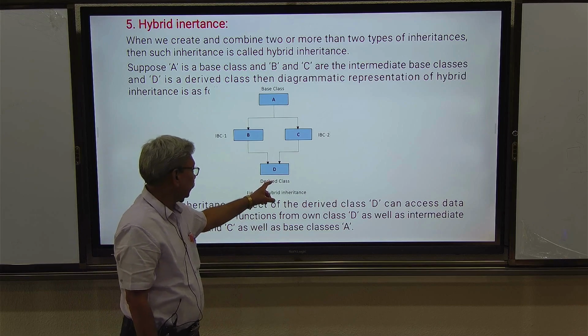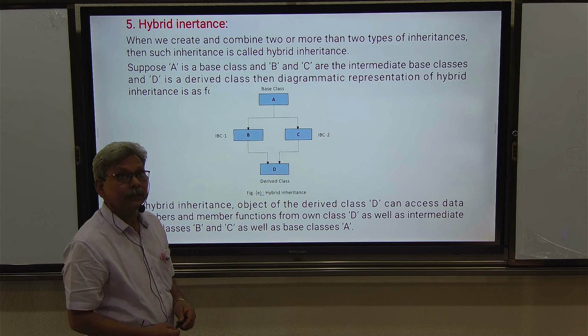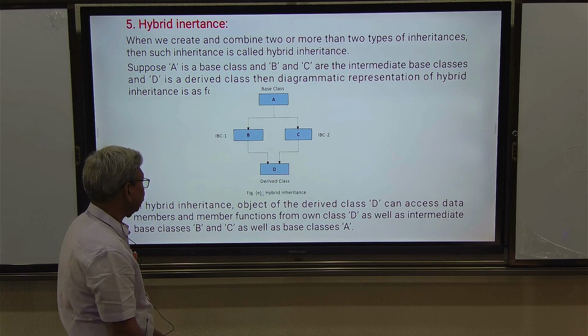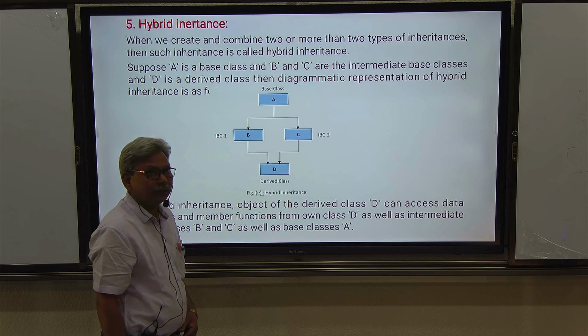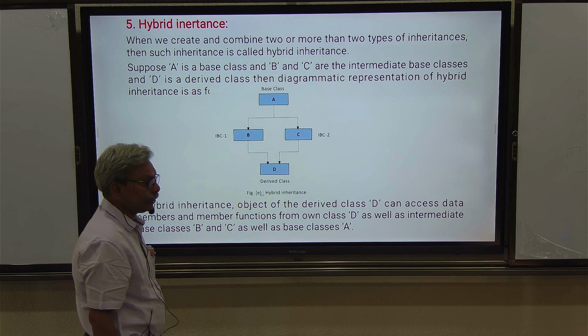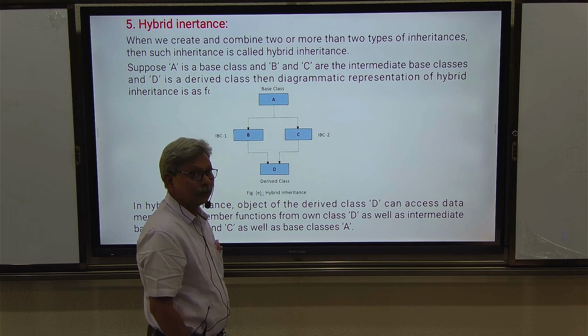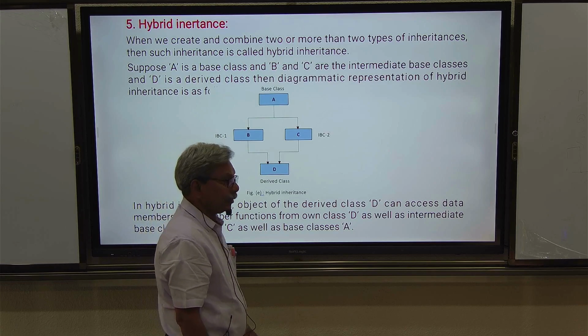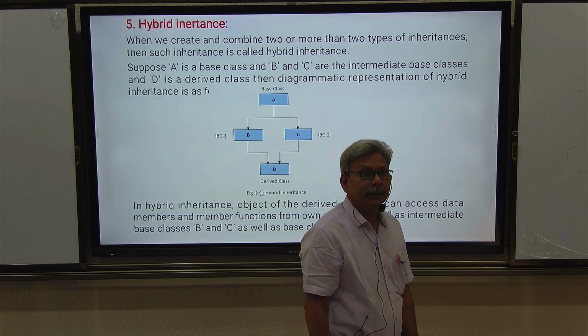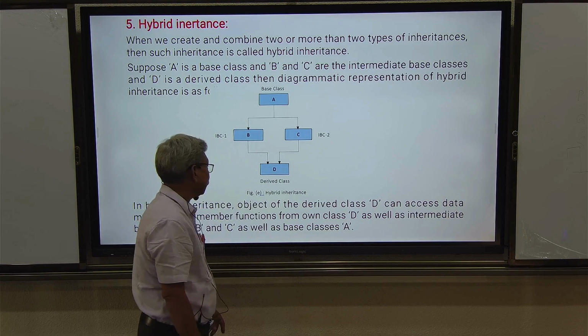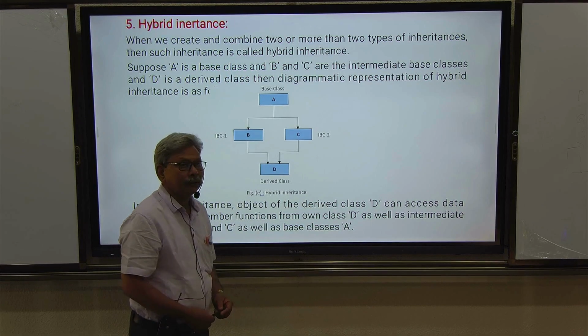Then in hybrid inheritance, an object of the derived class D can access data members and member functions from its own class D as well as intermediate base class 1. Similarly, it can access them from its own class D as well as intermediate base class 2.